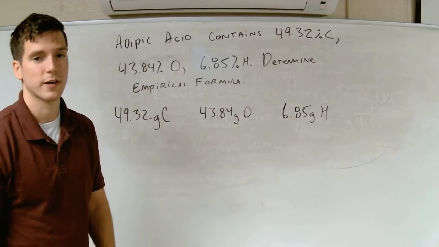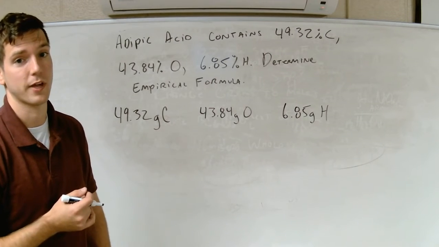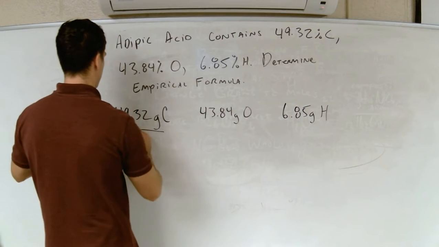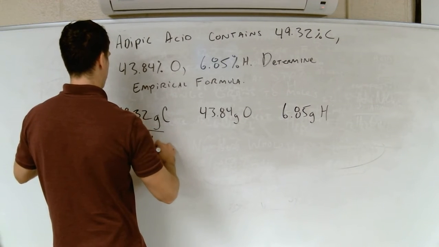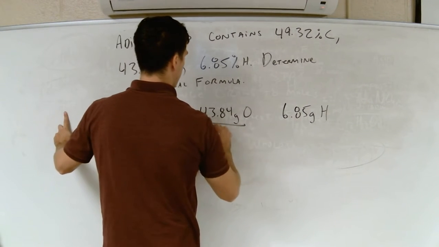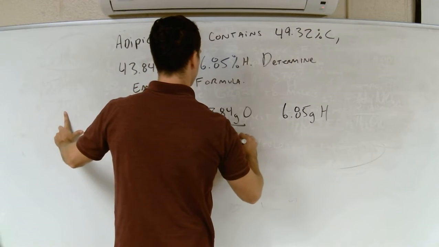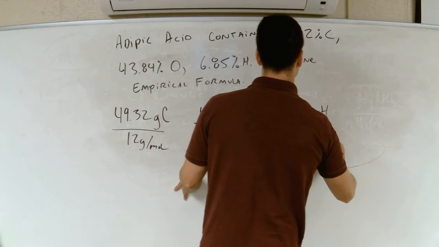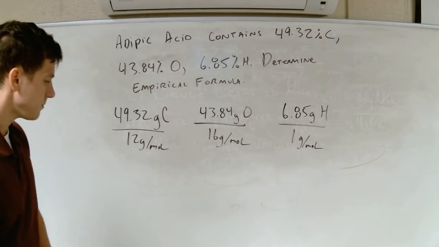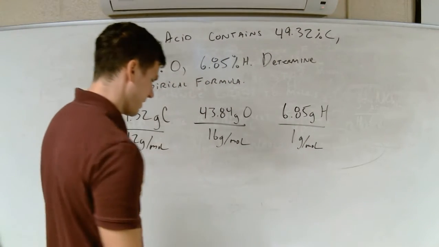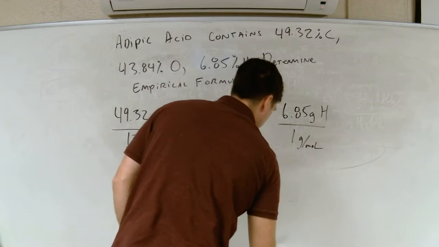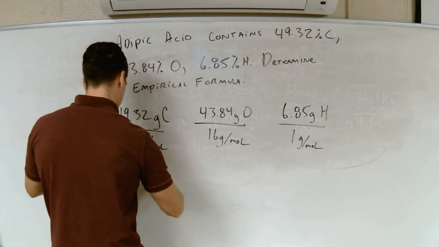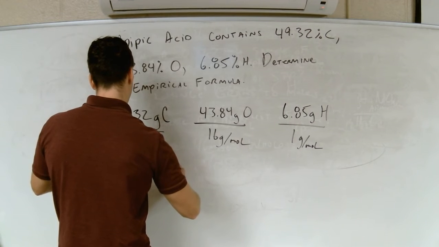Step two, we're going to get these guys to moles. Okay, so we divide by the molar mass of each element. Carbon's molar mass is 12. Our units are matching up, so this is nice. Oxygen is 16. And hydrogen is 1. So moles of carbon, I am going to end up with, I have it written down here, 4.107 moles of carbon.